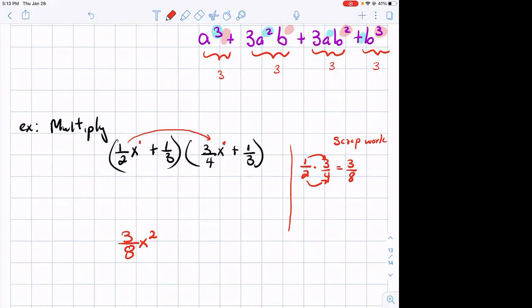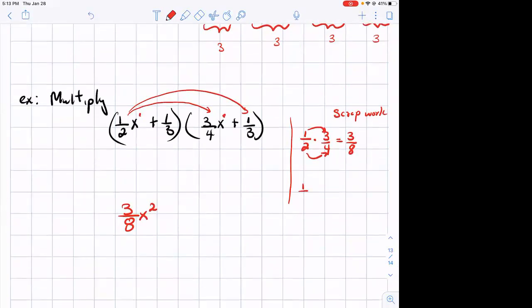And then we multiply again. What happens when we multiply 1/2 times 1/3? Well, 1 times 1 is 1, 2 times 3 is 6. So we have plus 1/6 x.